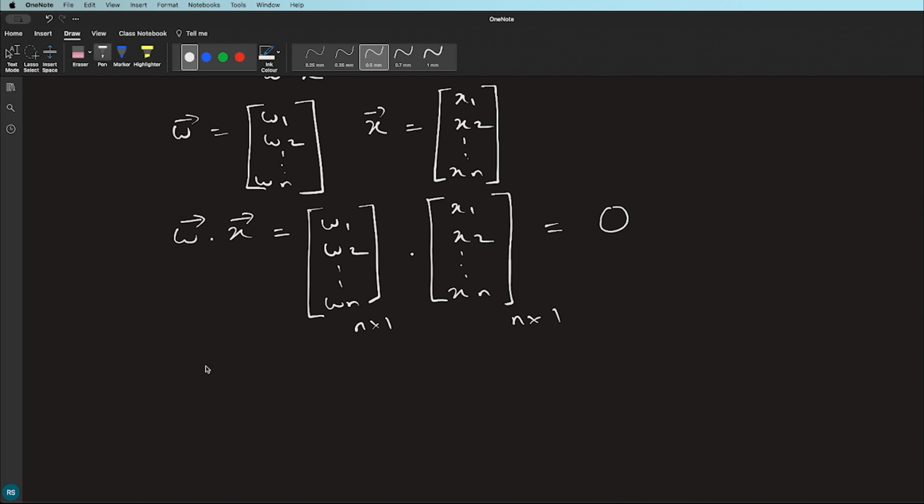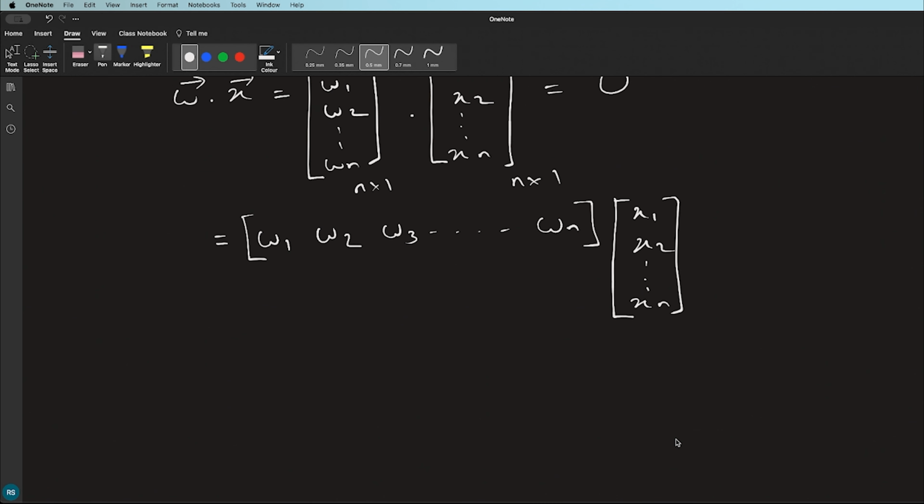So I can write this as w1, w2, w3 up to wn, and the second one, the x, will remain the same, x1, x2 up to xn. This converted row vector can also be written as w transpose, and the other is the same x as before.